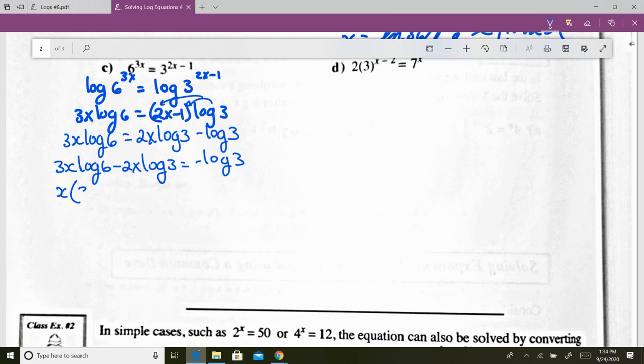So if I pull that x out, I get this. All right, how do I solve for x? Yeah, divide off that whole big clump of brackets.